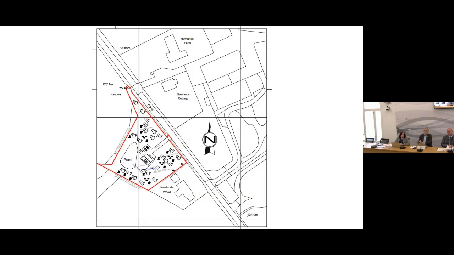Next slide, please. Just some drawings from the planning application. The red line site boundary shows the outline of the site, the access into the site from the main road, some existing trees, a pond feature, and then the small house in the middle of the site. Next slide, please.